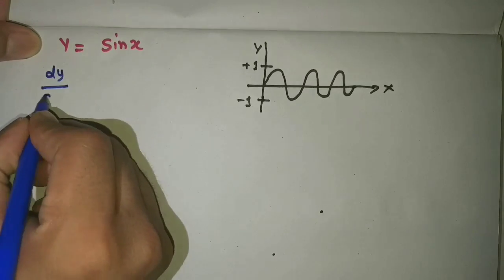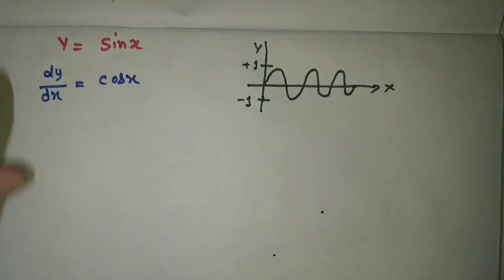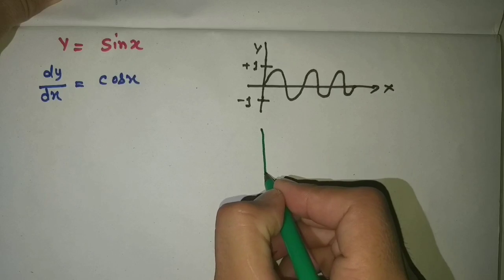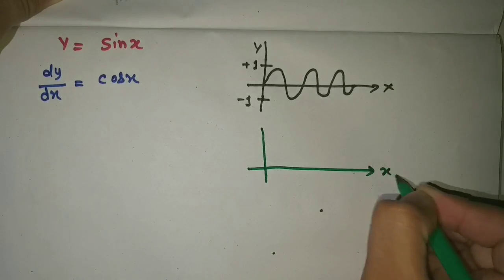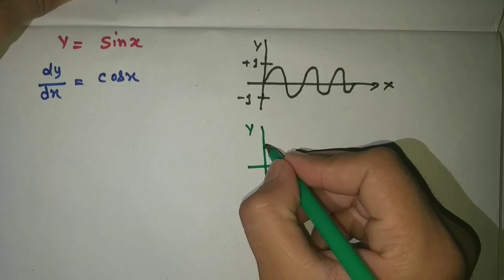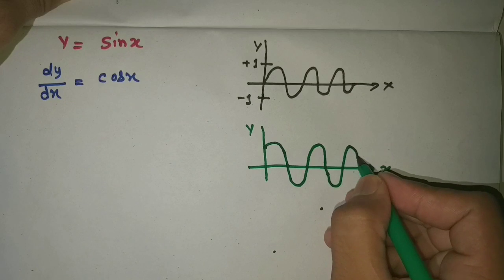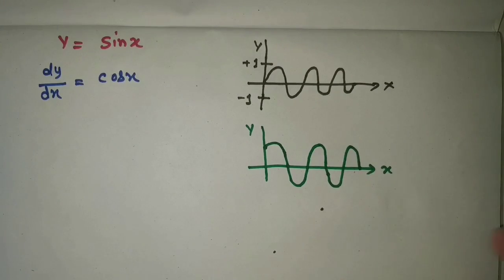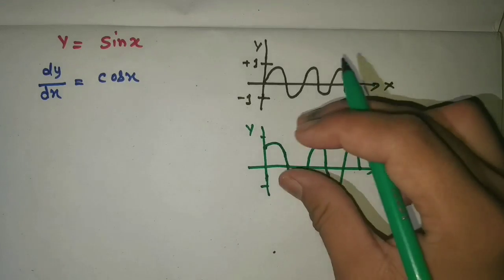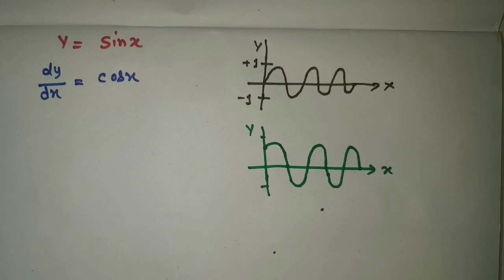So now dy dx will be equal to cos of x. Now if I draw the curve of this cos x, with x and y axes, it will be like this. The curve of this equation will be like this. It will be increasing with a constant amplitude, which will be fluctuating between -1 and +1. So what does it tell us?